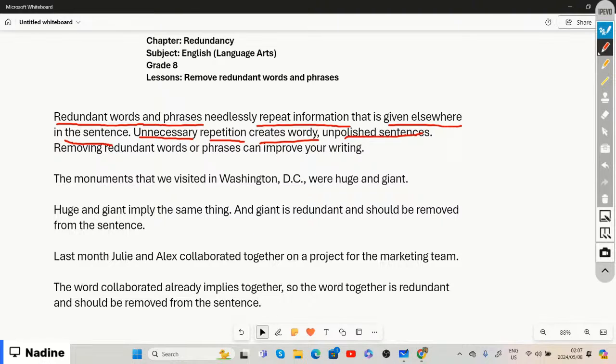Removing redundant words or phrases can improve your writing, so remove unnecessary words and information that is not necessary.